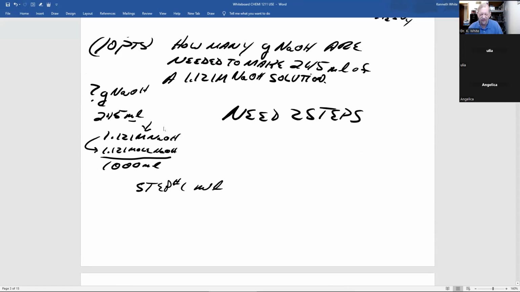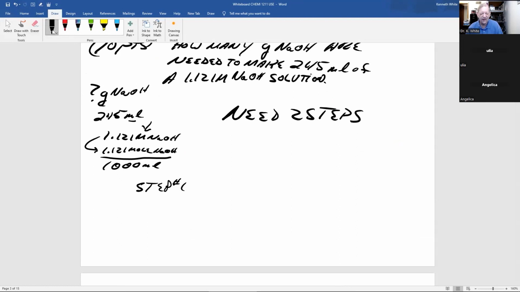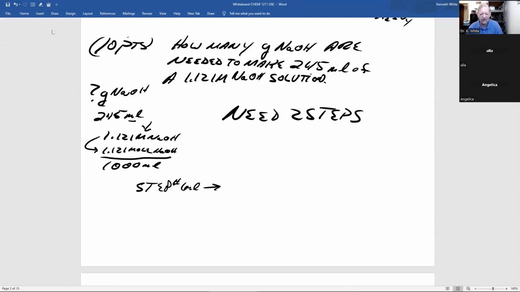So we need to go from milliliters to moles. I keep on using cursive for milliliters. So this is step 1. And what do we have?